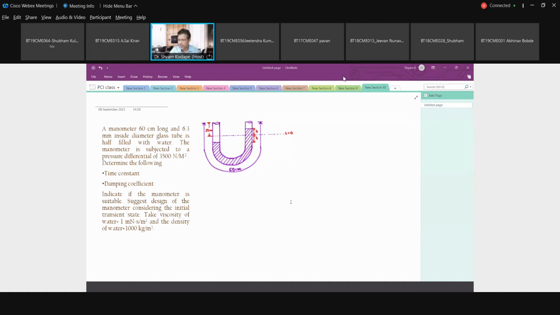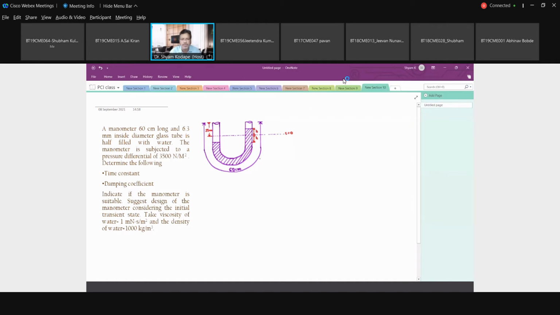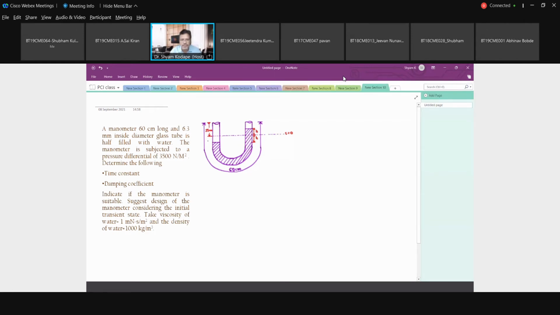See here, what is the question? A manometer is 60 centimeter long, the total length, and 6.3 mm inside diameter.